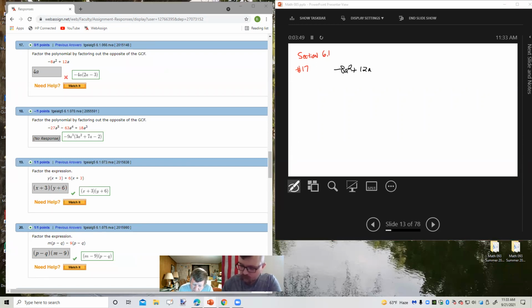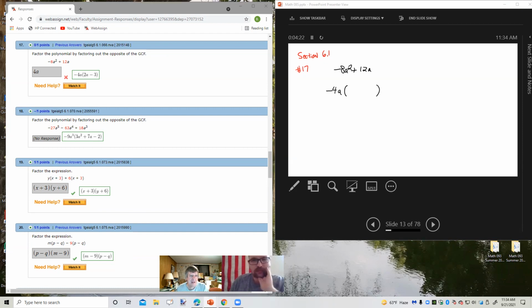All right, what goes into 8 and also goes into 12? 4 does. What goes into a squared and also into a? a. Now notice they wrote 4a, but they wanted the opposite, so they wanted a negative factor taken out. I know it's a little confusing. When the directions say find the greatest common factor, then you would write just negative 4a or 4a, depending.